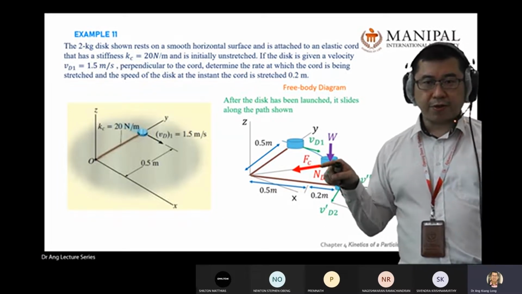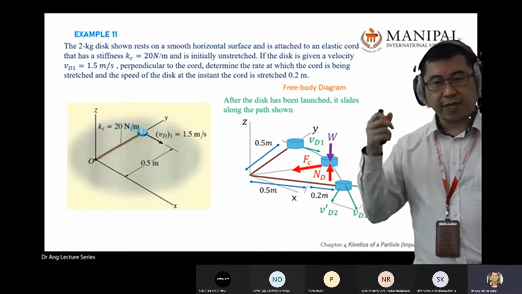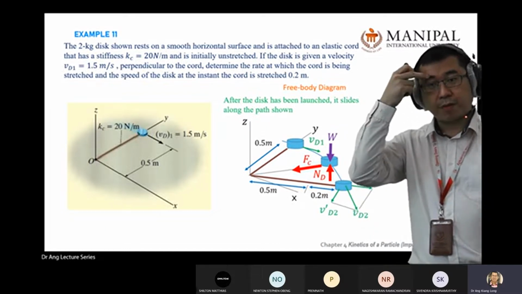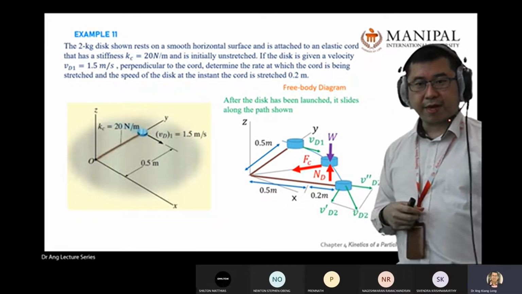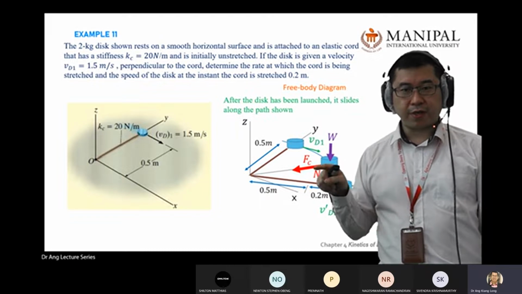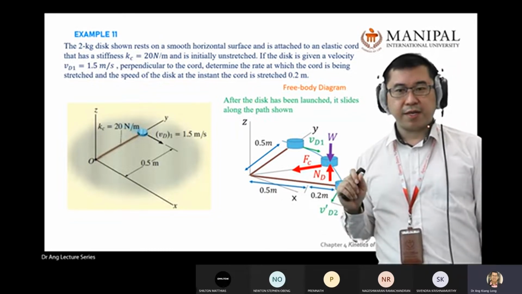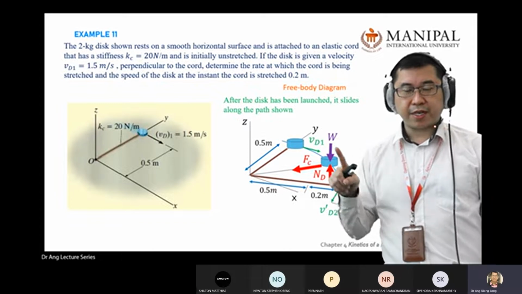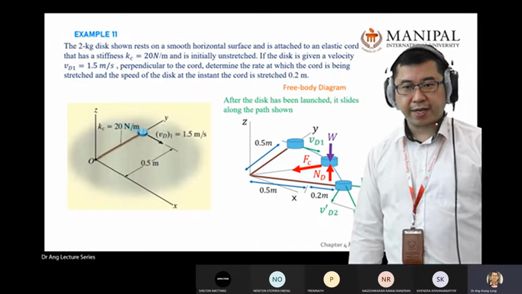And there is a force pointing to the center. This force does no work when it comes to the principle of impulse and momentum, because the force moves along the radial direction and does no moment. These two balance each other, so you don't need to put them in the equation.